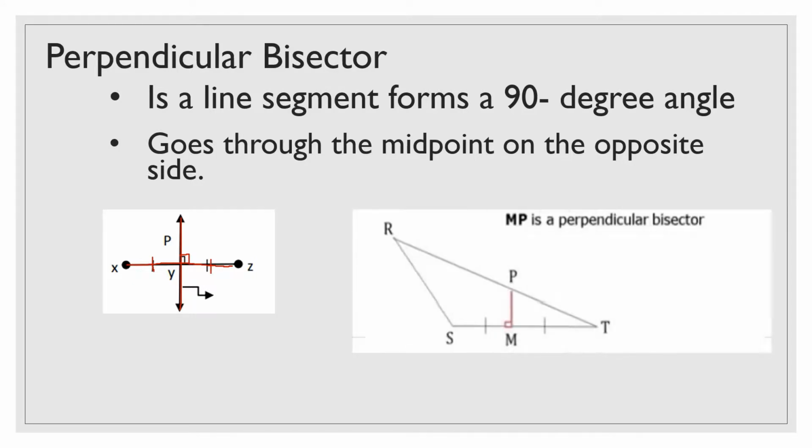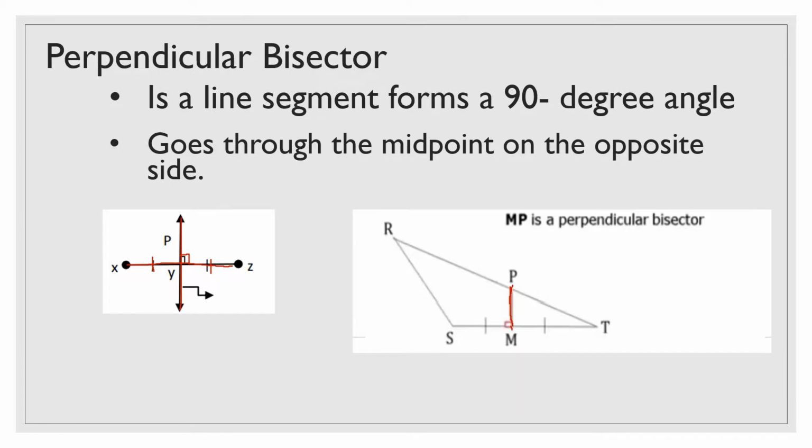Okay, so let's now consider another one. On the given triangle, if we are going to have the perpendicular bisector, we will have MP is the perpendicular bisector. Bakit nandito siya? Because it intersects at the midpoint of ST. Okay?